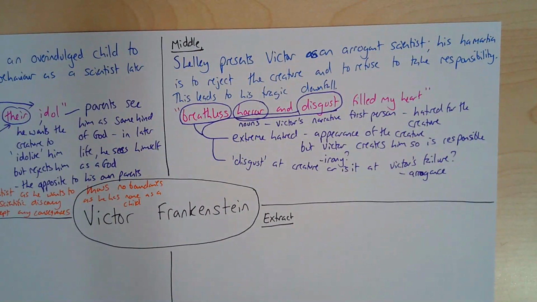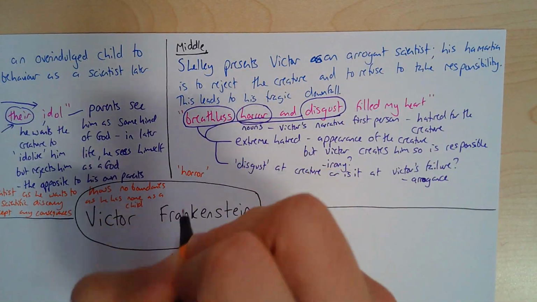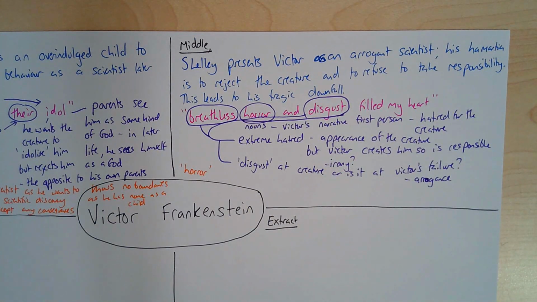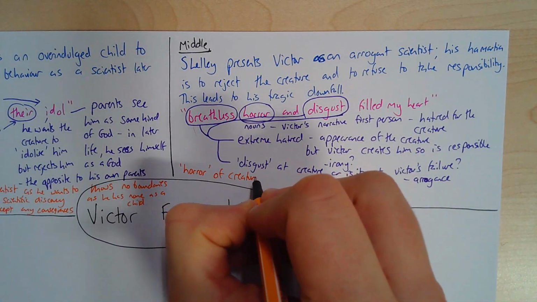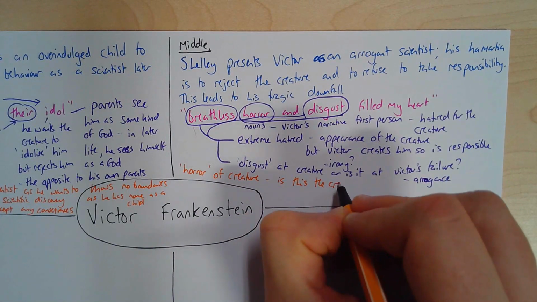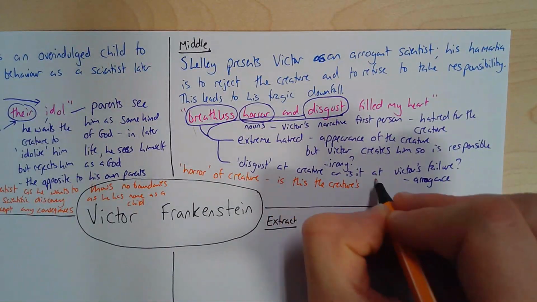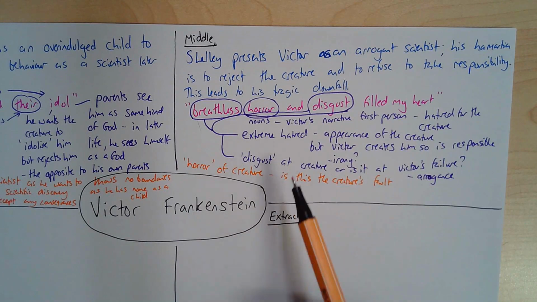And this idea that we talk about the sense of horror, let's look at our context and idea. This idea that the horror there as well, this rejection, horror of the creature. Is this the creature's fault? I know the question is going to be on Victor. This is Victor's essay plan, but at the end of the day, it's Victor's fault that the creature is the way he is.